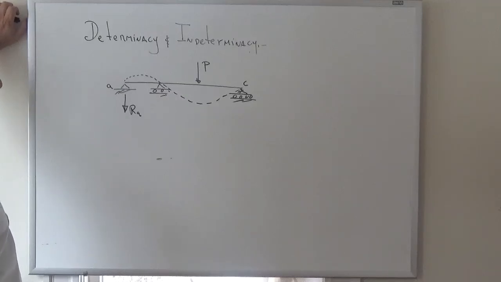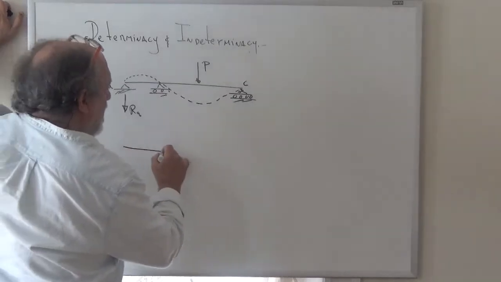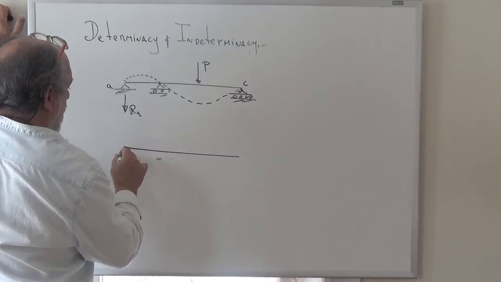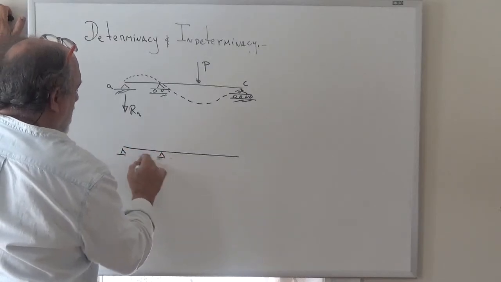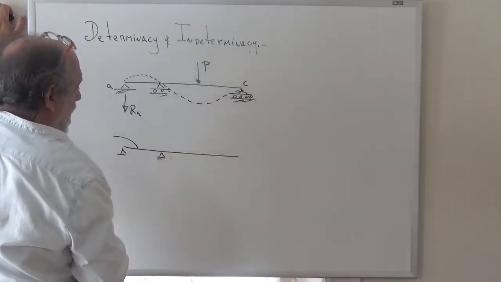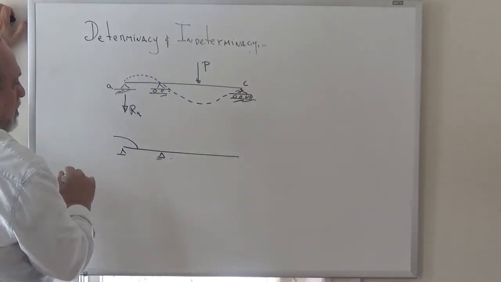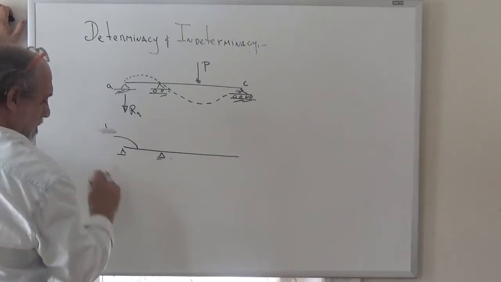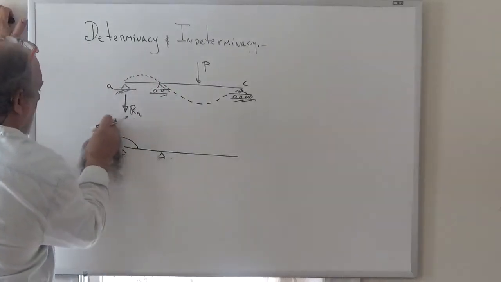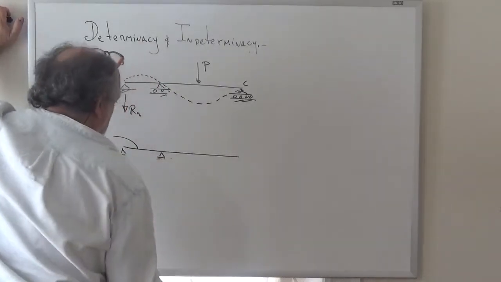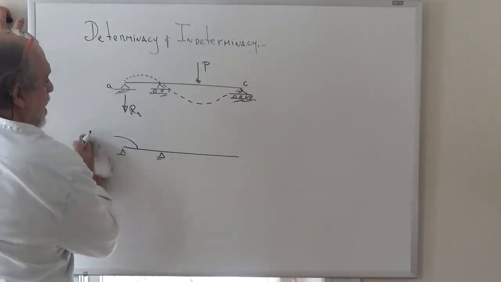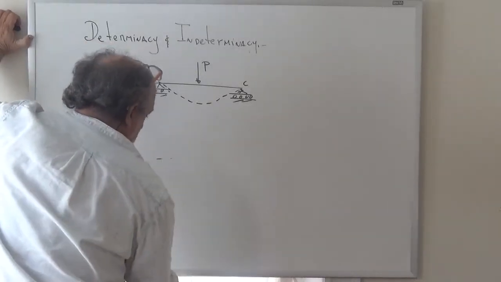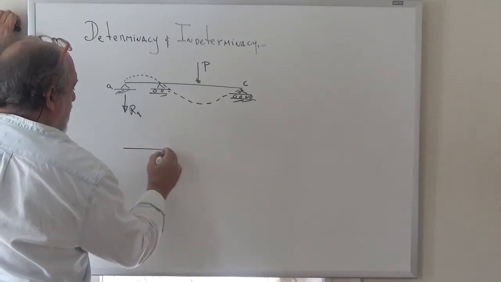So far so good, right? Now why is it that I can't do it with statics? Well, for the following reason. Imagine that the beam from here to here is made of balsa wood. Let me just make it with a sketch with size.